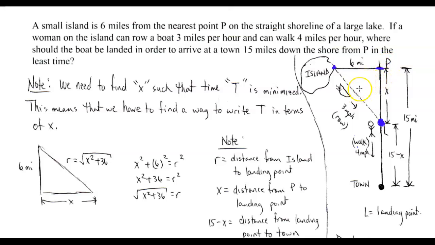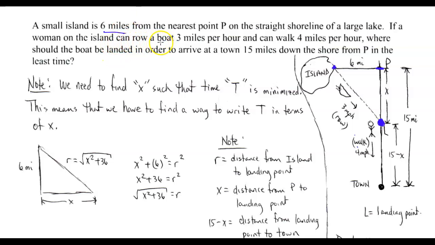Now we get some specific information about how fast she can row a boat and how fast she can walk, and that's going to help us come up with an equation to characterize what we need to know here. So we have a small island, 6 miles from the nearest point, straight shoreline.